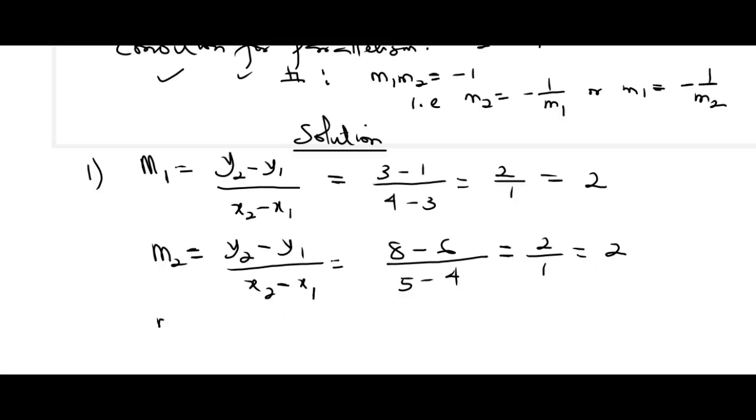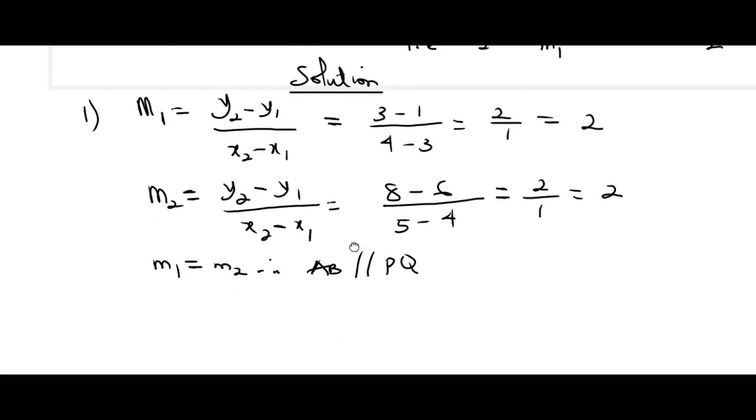So we can see that m1 is equal to m2. Therefore, we can conclude that line AB is parallel to line PQ. So this is how to go about this question.